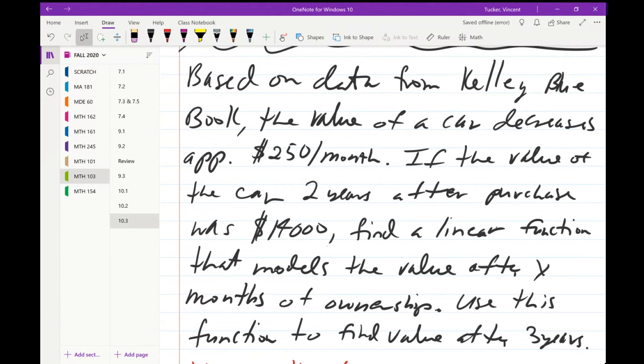If the value of the car 2 years after purchase was $14,000, find the linear function that models the value after x months of ownership. Use this function to find the value after 3 years. So I'll give you a chance to write that before we get started on that problem.